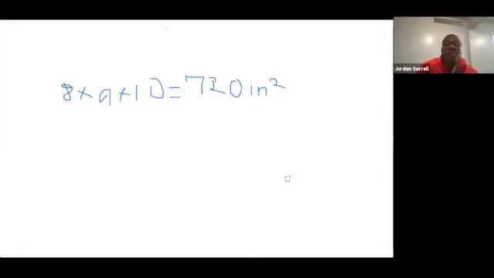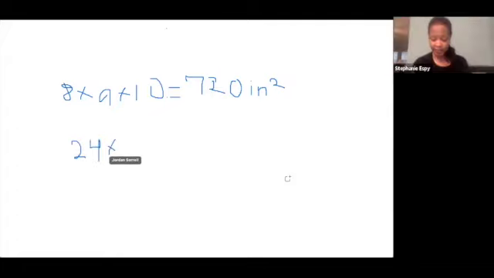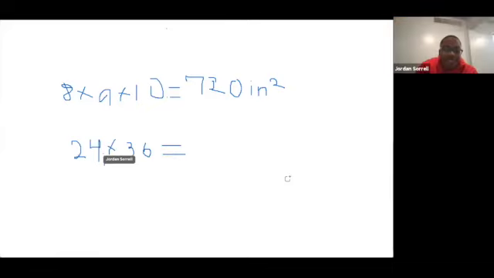Okay, and then I found the area for the other one. I converted it first. So 2 feet, then 3 feet, 24 inches into 36 inches. So you converted 2 feet into 24 inches and 3 feet into 36 inches.